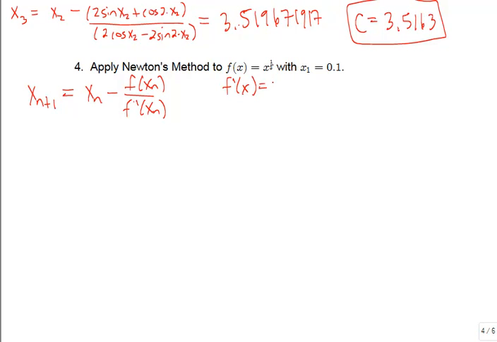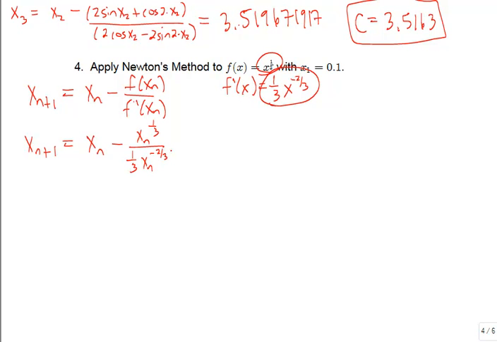This would be power rule, bring down the 1/3. And when I subtract 1 from 1/3, I'm going to get negative 2/3. So this formula will become x sub n minus the function, x sub n to the 1/3, and the derivative would be 1/3 x sub n to the negative 2/3.